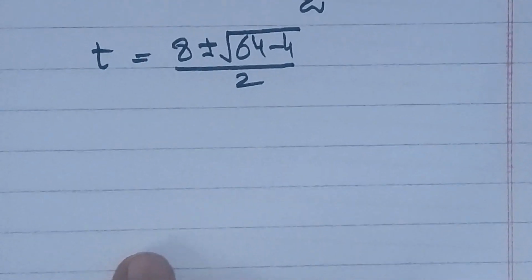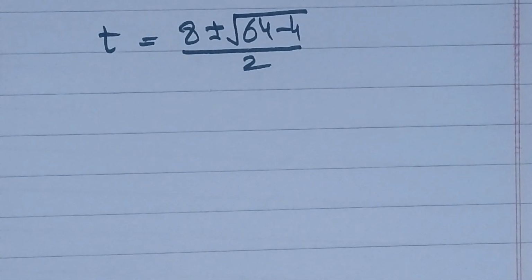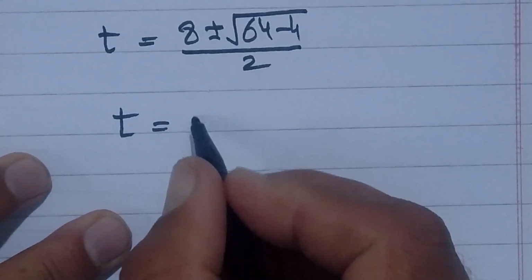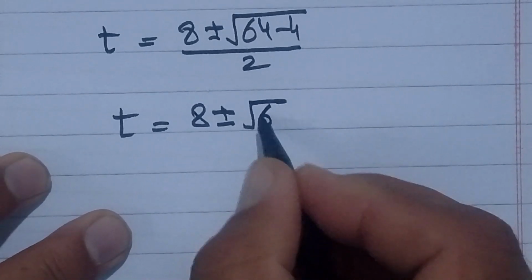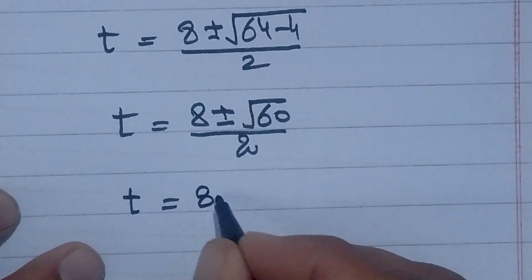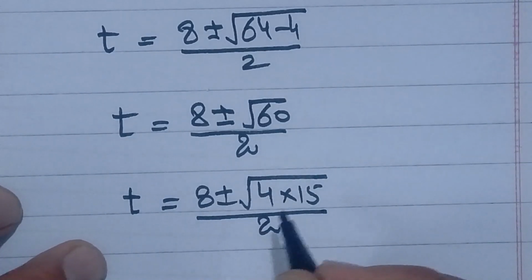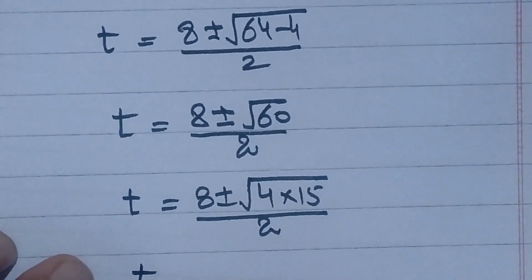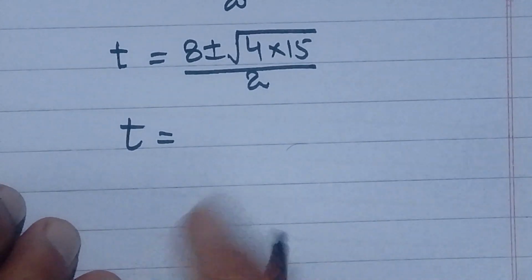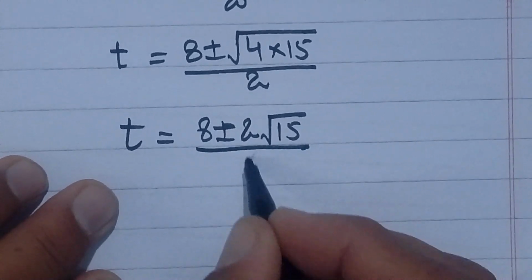Now this is equal to t is equal to 8 plus minus under root 60 over 2, and t is equal to 8 plus minus under root 4 into 15 over 2. t is equal to 8 plus minus 2 under root 15, square root of 4 is equal to 2, over 2.